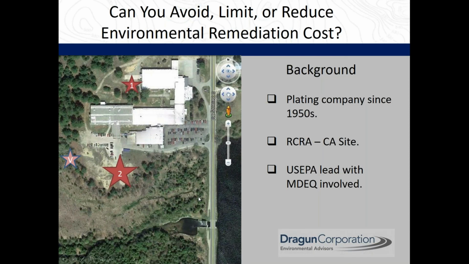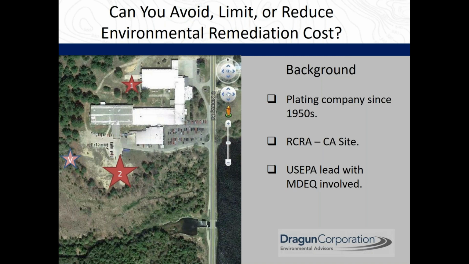So to put a little perspective on the issues at the site and what was driving some of the regulatory concerns, the key focus became contaminated groundwater from two landfilled areas on the property, and those are represented by the two red stars that you see there, number 1 and number 2.